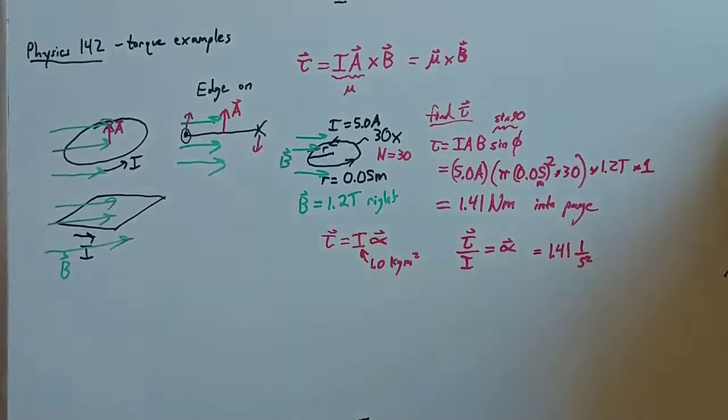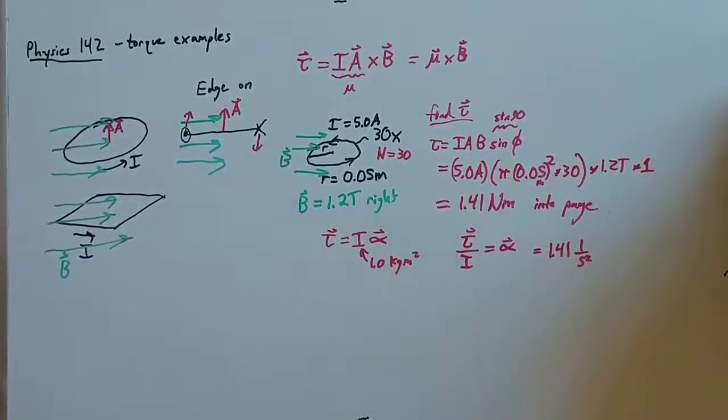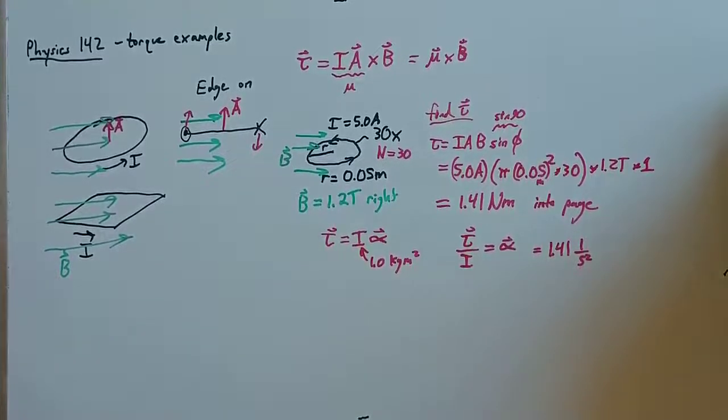I should comment at this point in the video that one thing to keep track of is we now have three different right-hand rules that we're using, and so I think it's important that I clarify those.